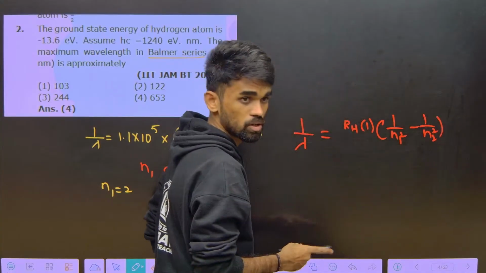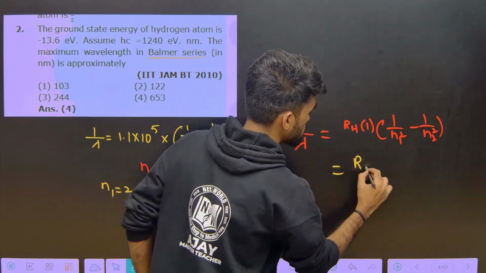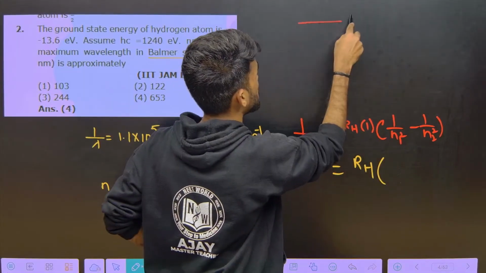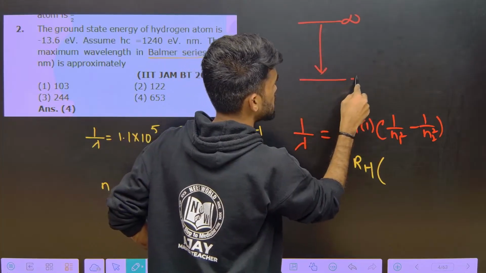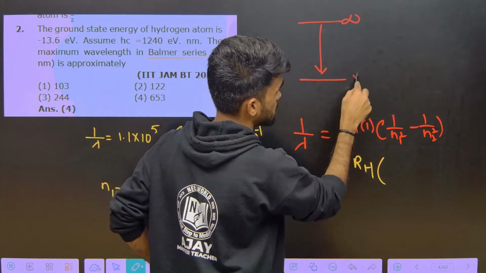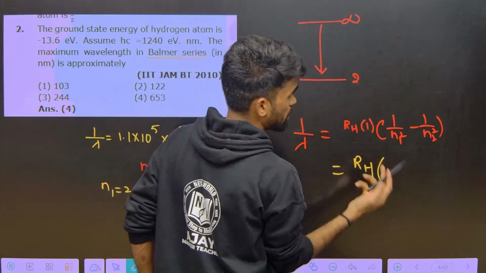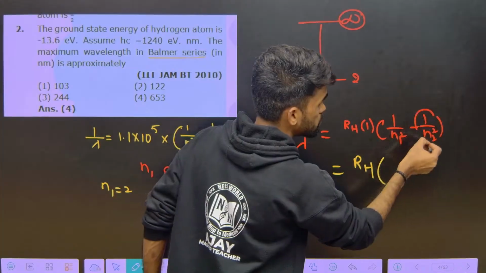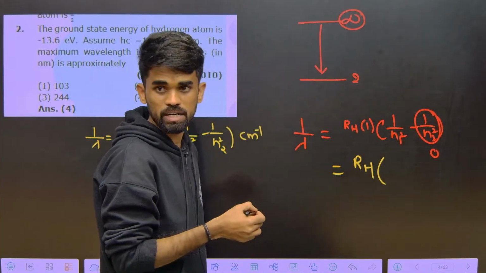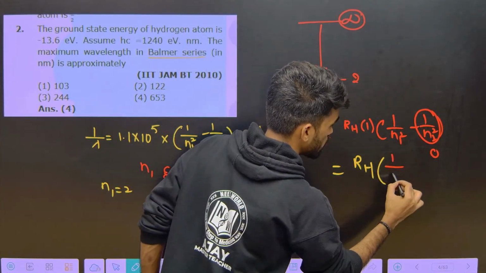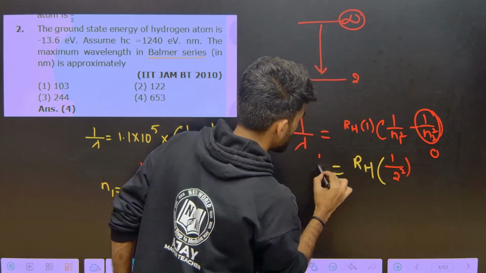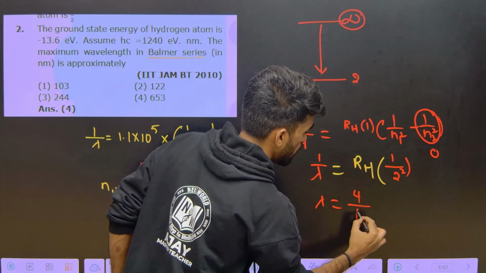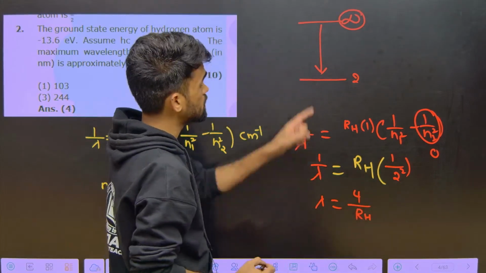See, if I take from the infinite level to the second level in the Balmer series, then n2 is infinite, so that term becomes 0, something by infinite. So it will be 1 by 2 square. So this is 1 by lambda, and lambda becomes 4 by RH. This is from the infinite level.